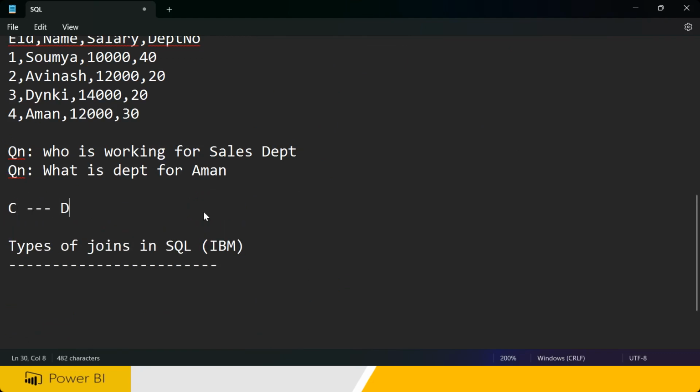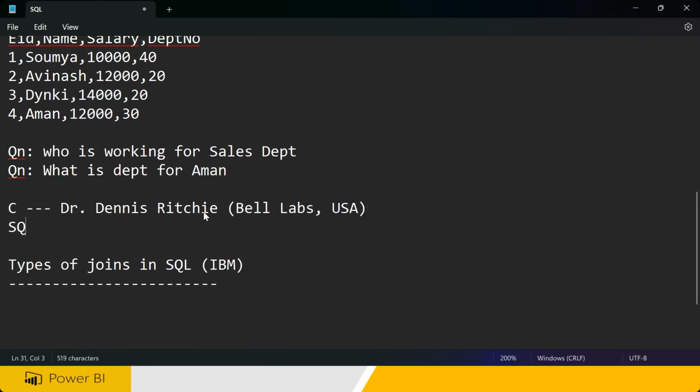Dr. Dennis Ritchie, right? Where was he working? It is the invention of Bell Laboratories, Bell Labs, US. Clear? So SQL is the invention of IBM company. So who invented this SQL?